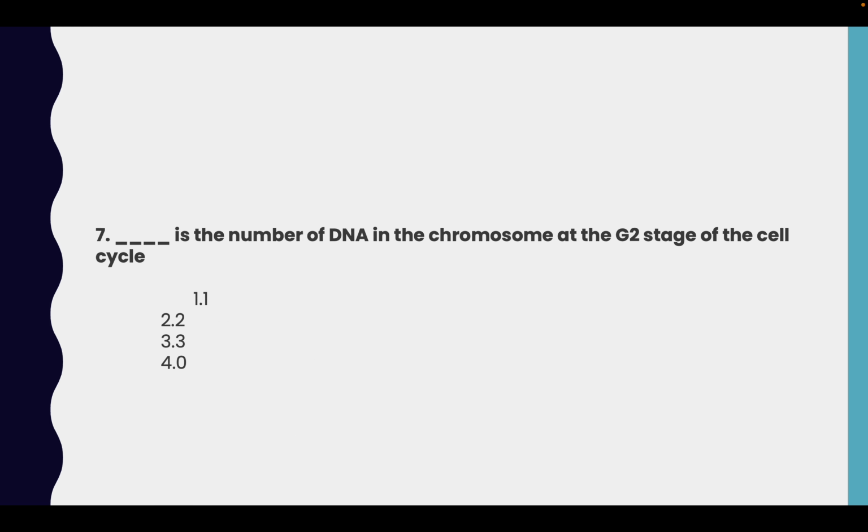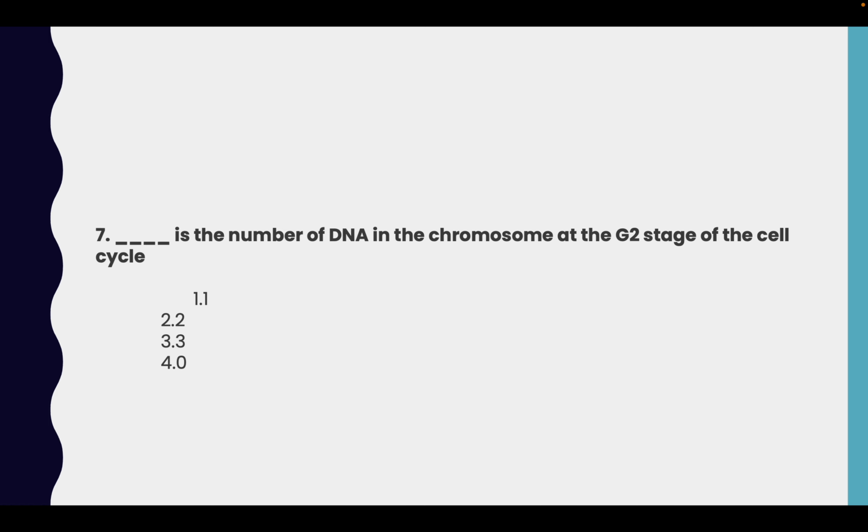Dash is the number of DNA in the chromosome at G2 stage of the cell cycle. 1, 2, 3 or 0. Option 2.